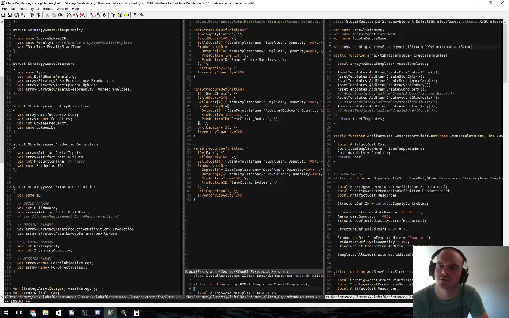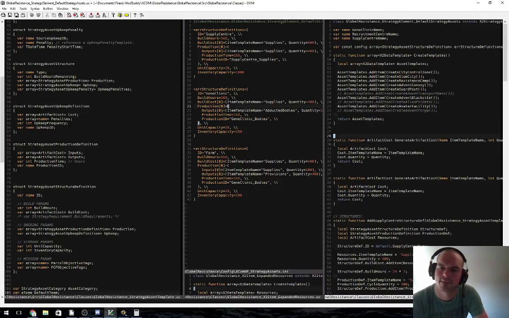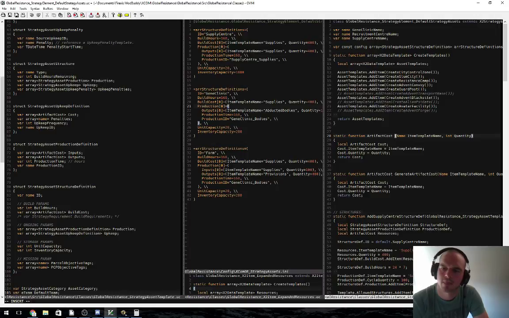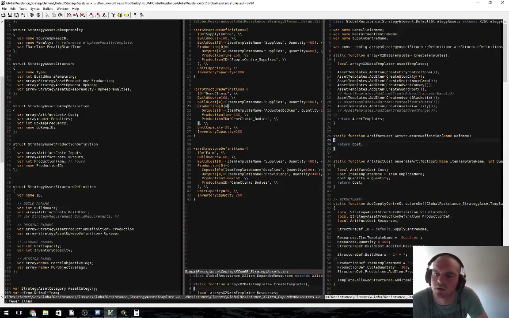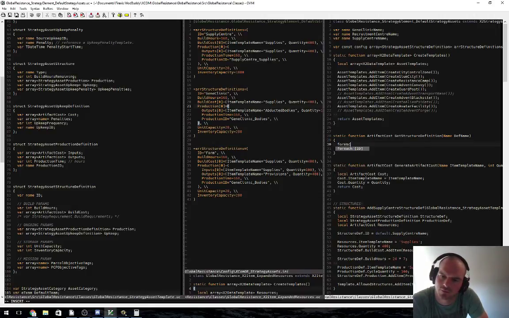Our structure definitions. Def name. What is a definition name? Yeah, so just do it for each on default dot structure definitions.